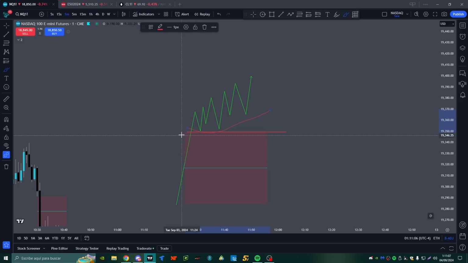And many times what happens is that people take this as a change of structure. And the price just came either to touch a hidden fractal over here, a hidden ascending at the end where all this started, or simply touch the imbalance, and there it takes everything back again.